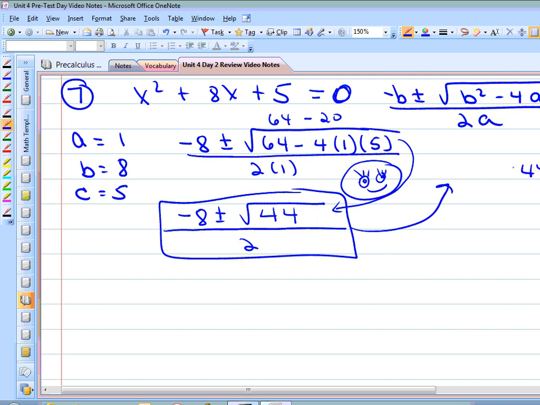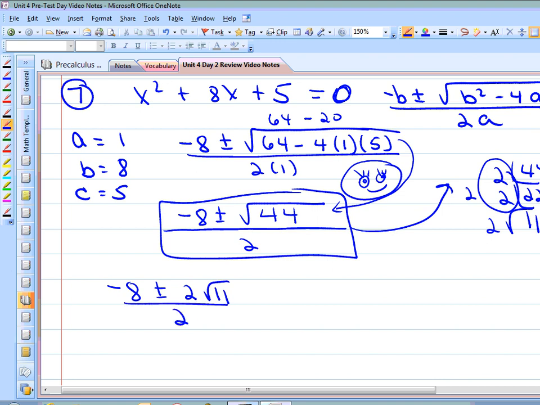So, 44 divided by 2 is 22. Divided by 2 is 11. 11 is a prime number. I can take out the 2 because I have a pair of them, and I have 2 square roots of 11 to replace the square root of 44 with. Let's see where we are. Negative 8 plus or minus 2 square roots of 11 over 2.